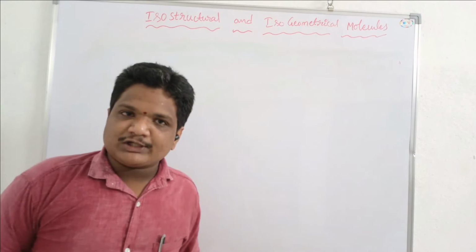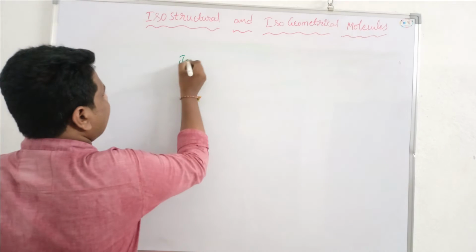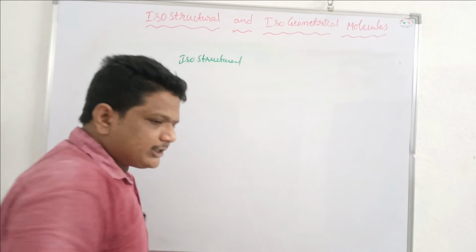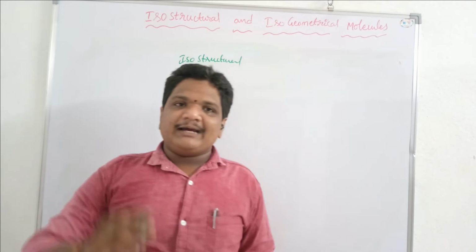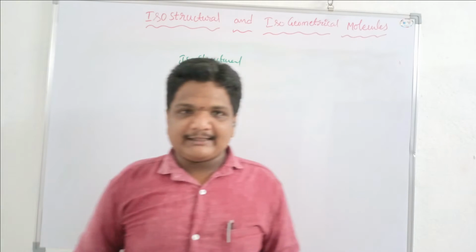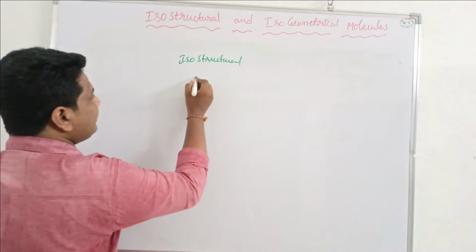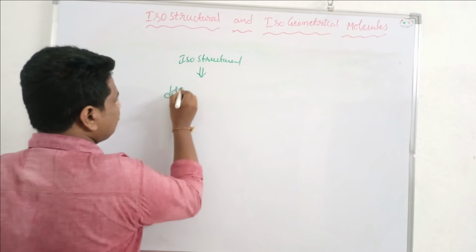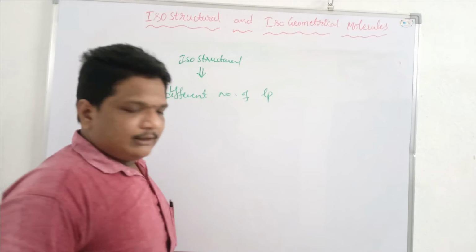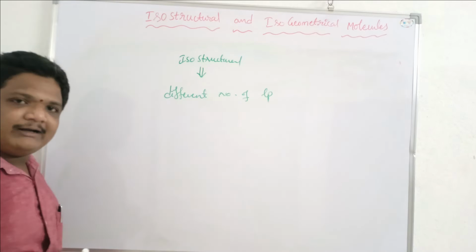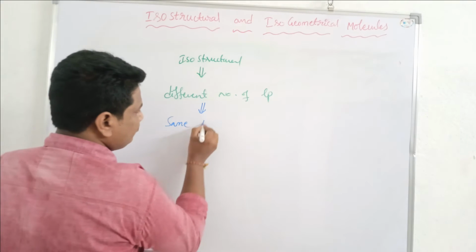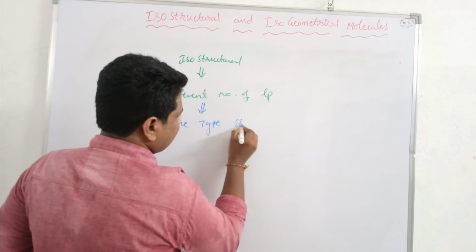In the case of isostructural molecules, they have the same number of sigma bonds and the same number of lone pairs. But in some cases, even though they have different numbers of lone pairs, they have the same type of structure.